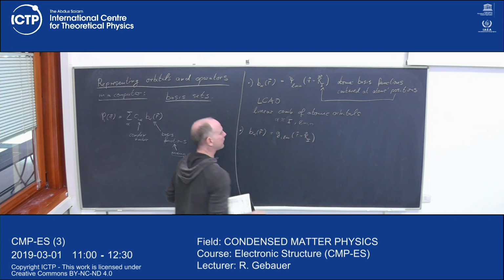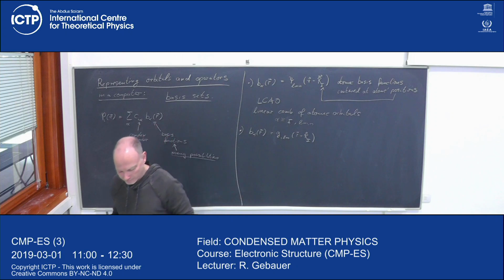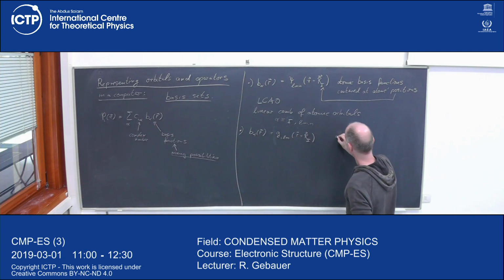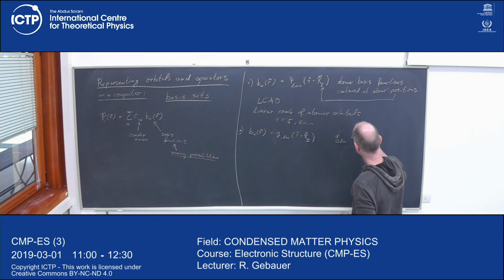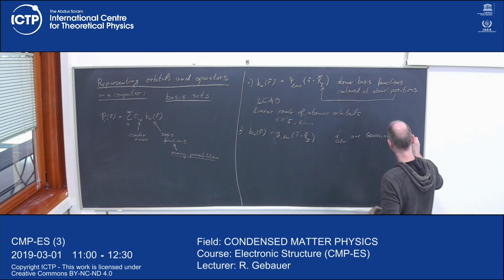So also this here is a function which is localized at the positions of your atom. And these G's here, the G, I, L, M, are Gaussian basis functions.